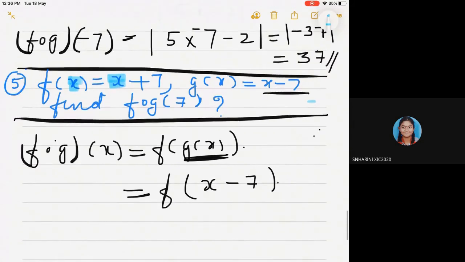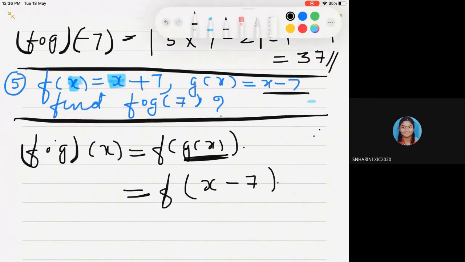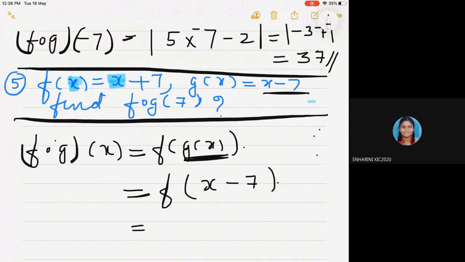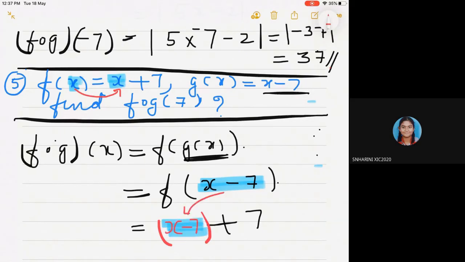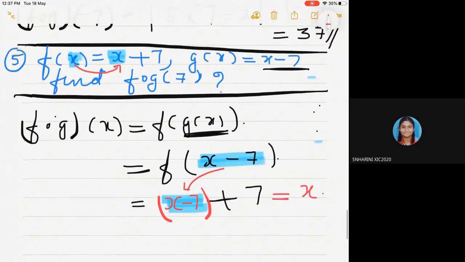So here when you find out the f value of x minus 7, you will be getting some expression x plus 7, and in place of x we have here x minus 7. So this connectivity you should know, how x is changed here. So whatever is inside f, that is here x minus 7, that will be coming here, and the final answer is x. x minus 7 plus 7 is x.